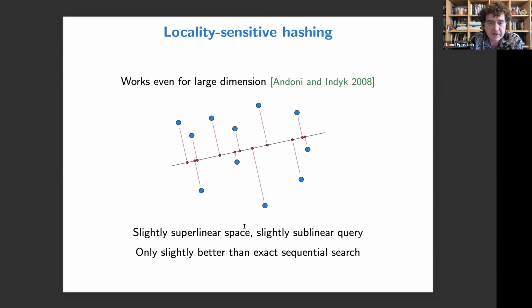But slightly superlinear space and slightly sublinear query time are only slightly better than the linear space and linear query time that you would get from just sequential search with no data structures. So there are a lot of things that we can do that do a little better than just naive sequential search, but not a lot better.